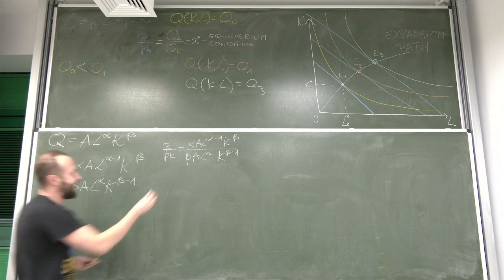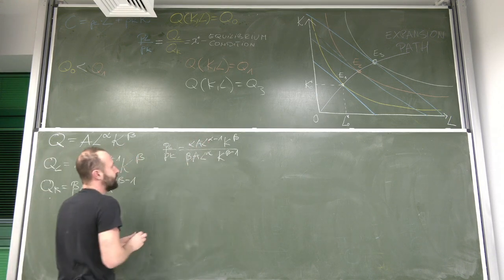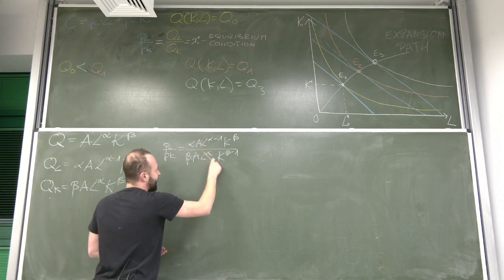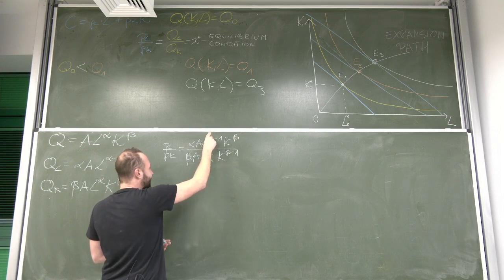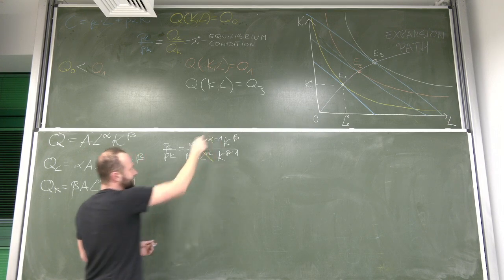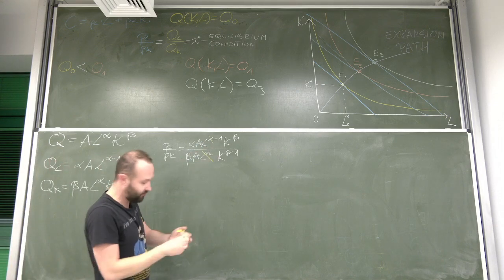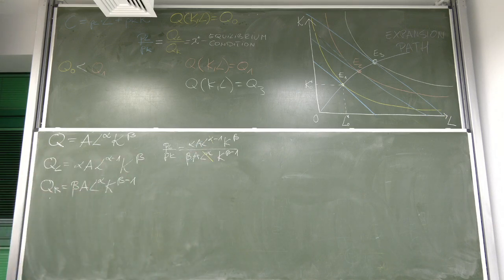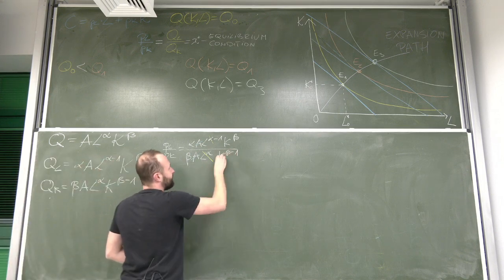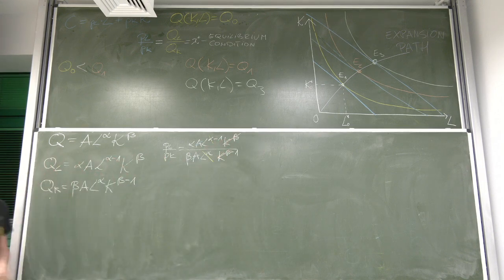We see that A's are canceling each other out. We see that lambda, L to the power of alpha is canceling itself with alpha, so we've got just L to the power negative 1. And finally, over here, K to the power of beta and K to the power of beta, so also we've got on the bottom K to the power negative 1.